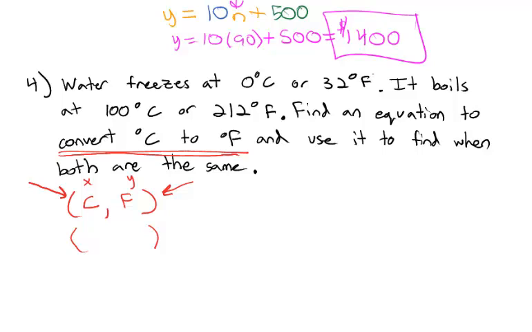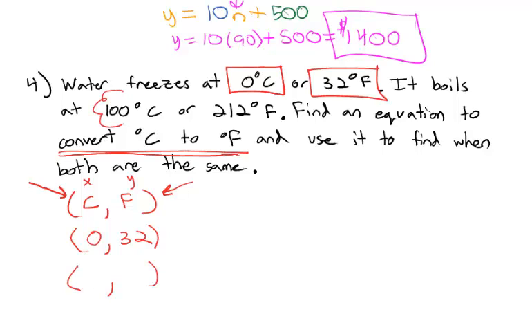So in our first situation, water freezes at 0 Celsius or 32 degrees Fahrenheit. Water then also boils at 100 degrees Celsius or 212 degrees Fahrenheit. Now we walk through the same steps we just did. We're going to find the slope, and then we'll find the y-intercept.